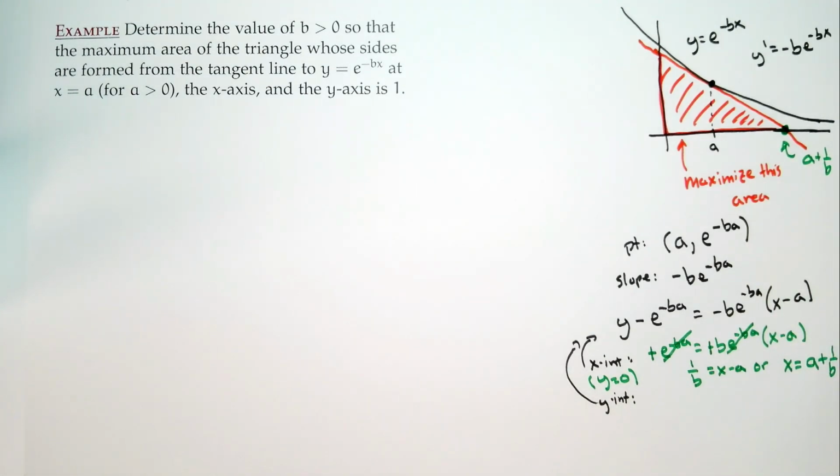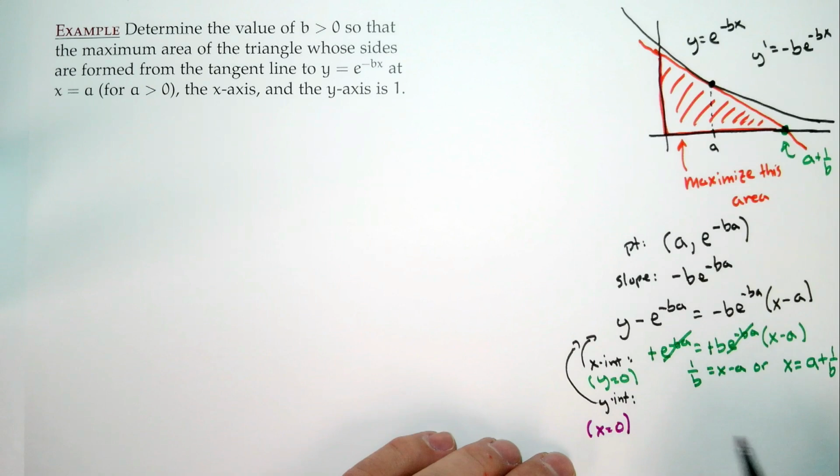All right, cool. Now, how about that other intercept, the y-intercept? Well, that would happen when x equals 0. So, what does that become? Well, it becomes y minus e to the minus ba is equal to minus b e to the minus ba times 0 minus a, which is negative a.